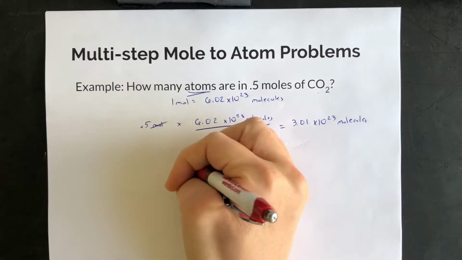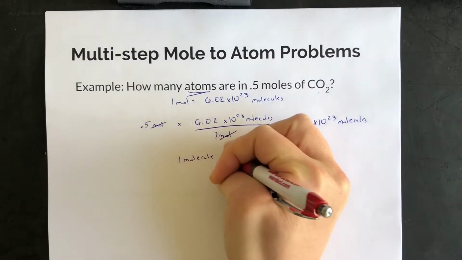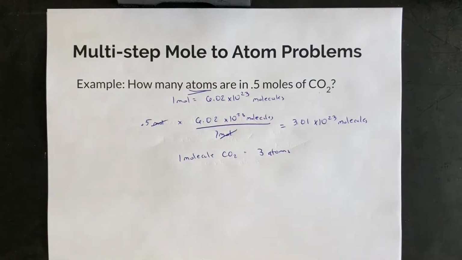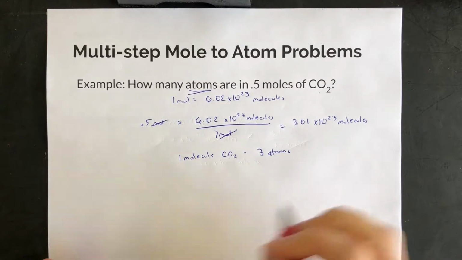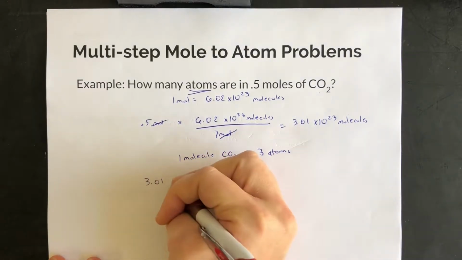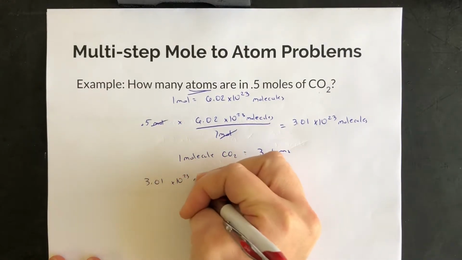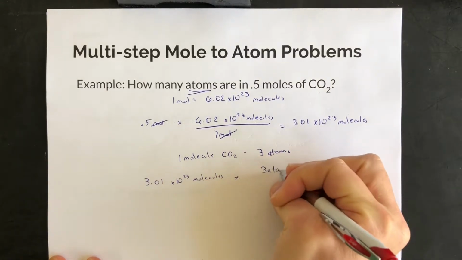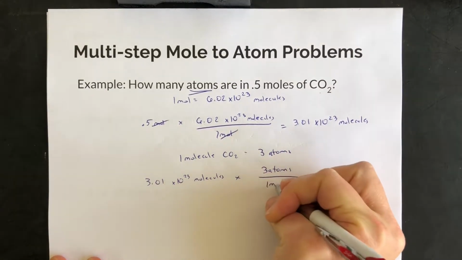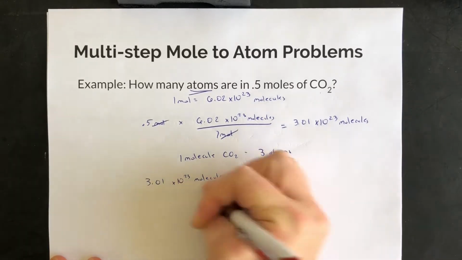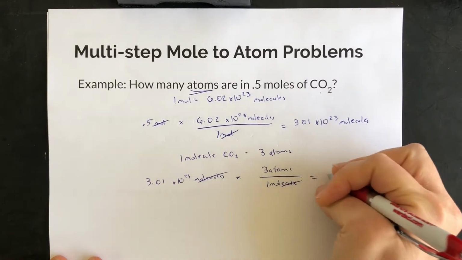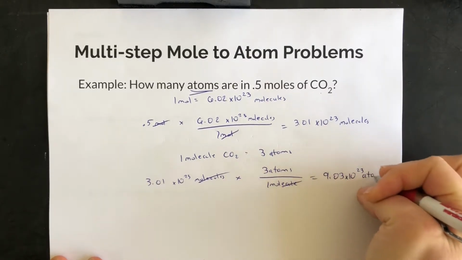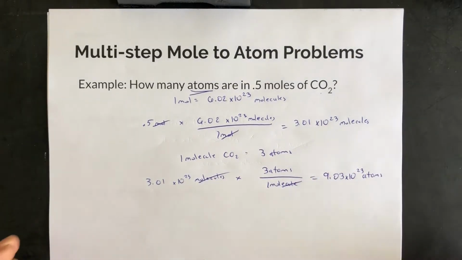We need to figure out how many atoms are in CO2, and the answer would be 3. There's 1 carbon and 2 oxygens. So now we can convert our number of molecules that we found in the first part to atoms. So there's 3 atoms for every 1 molecule. So molecules have to go on the bottom. You get 9.03 times 10 to the 23rd atoms.